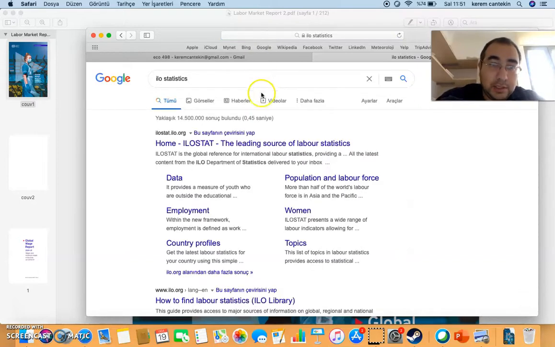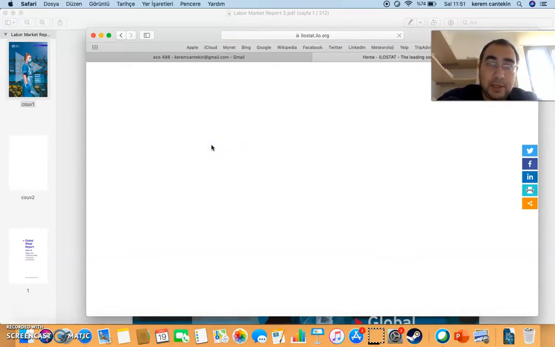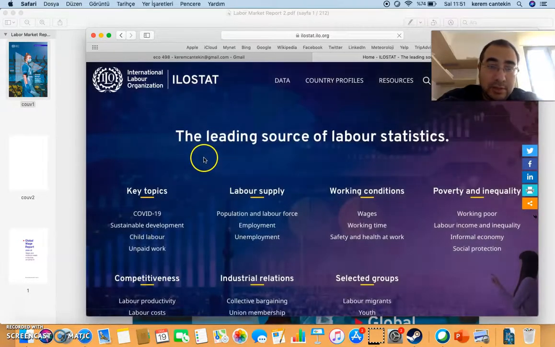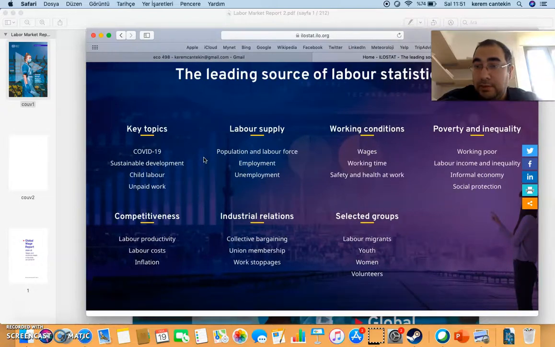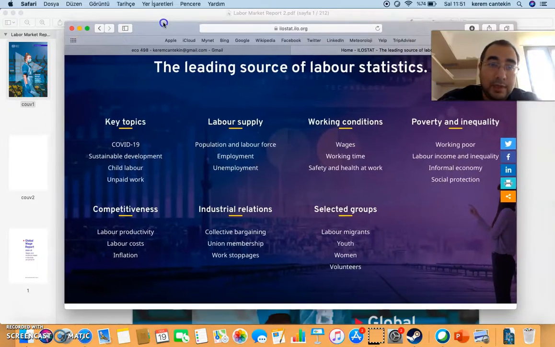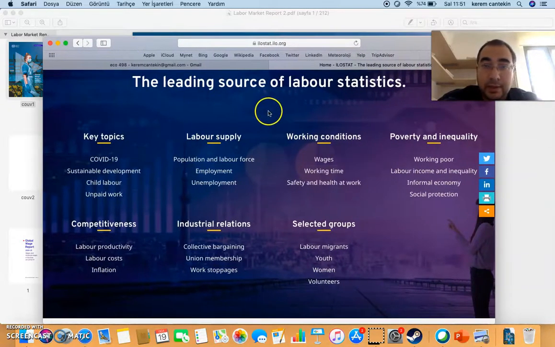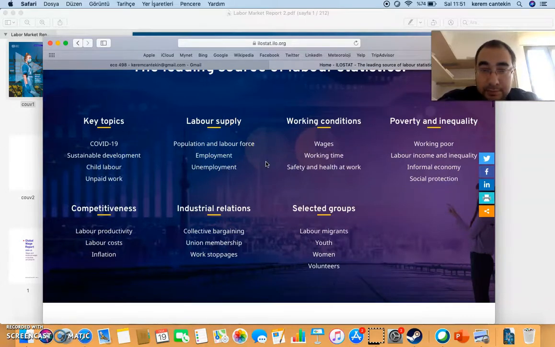When you enter this, you can get to this website, ILOSTAT, which is a really good site on which you can have data on many different aspects of the labor market.